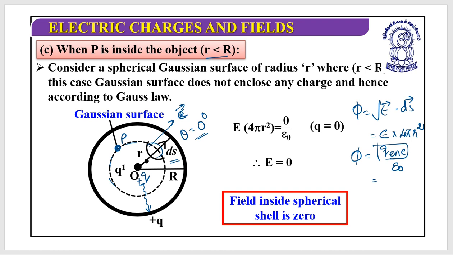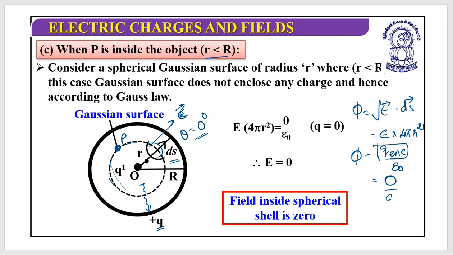So if I consider the situation, whatever charge you have given, that was present over here has moved to the surface. So if I consider this Gaussian surface, what is the charge enclosed? Yes, absolutely right.